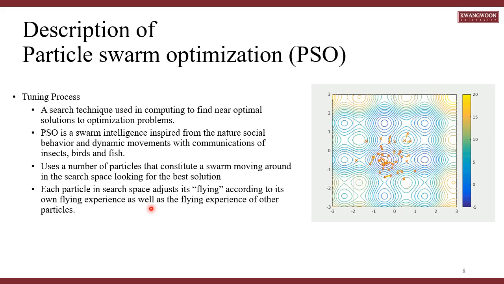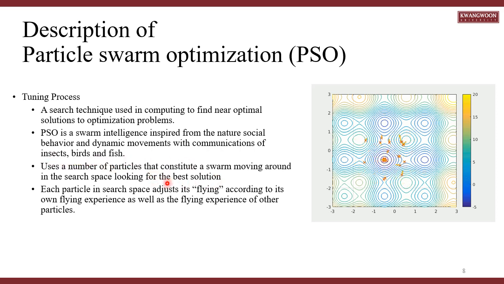Before we discuss more advanced topics regarding PSO, we need to know how the tuning process works in PSO. As described in the right figure, the search technique of PSO is based on computing to find a near optimal solution to an optimization problem. Because PSO is swarm optimization, it needs a population, because the movement is based on nature, social behavior, and the dynamic movements and communication of insects, beasts, birds, and fish.